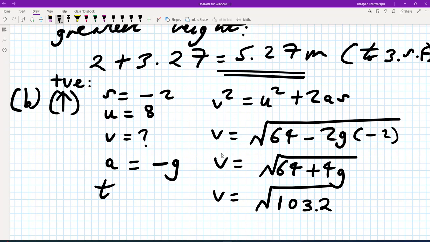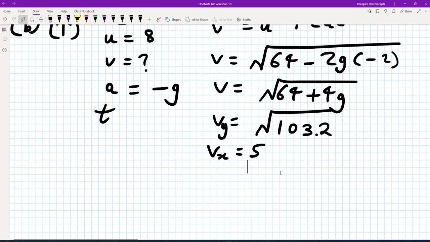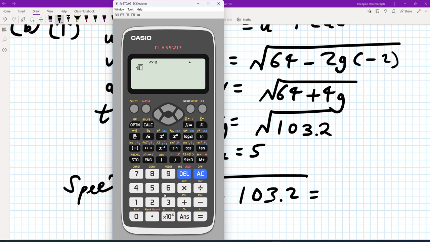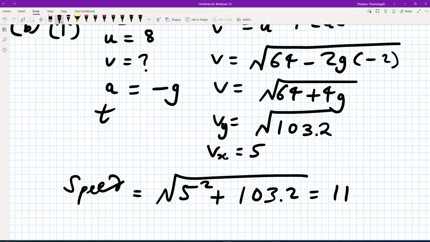But don't forget, we call this v of y because that's in the vertical sense. Now v of x is a constant velocity of 5 because it's 5i. So now we can find the speed by using Pythagoras. That's going to be 5 squared plus root 103.2 squared, which is simply 103.2, and we're going to round our answer to 3 significant figures. That will give me 11.3 meters per second.